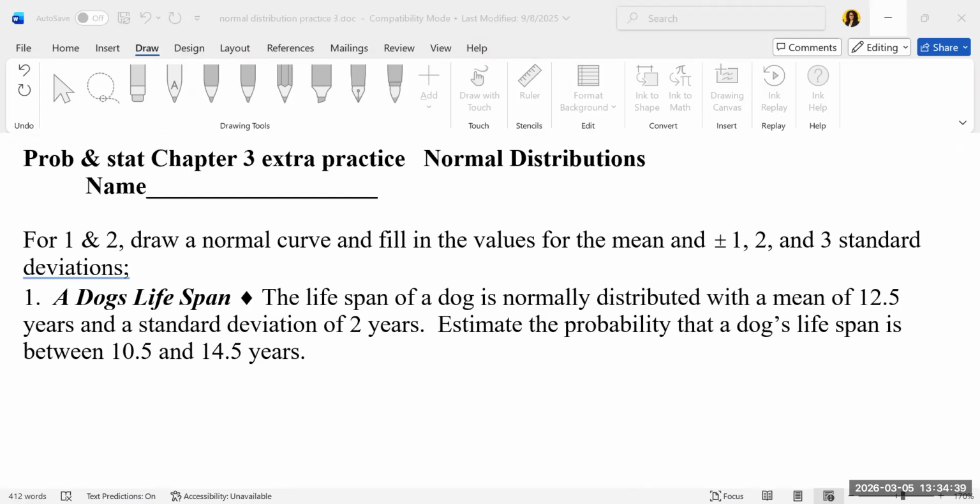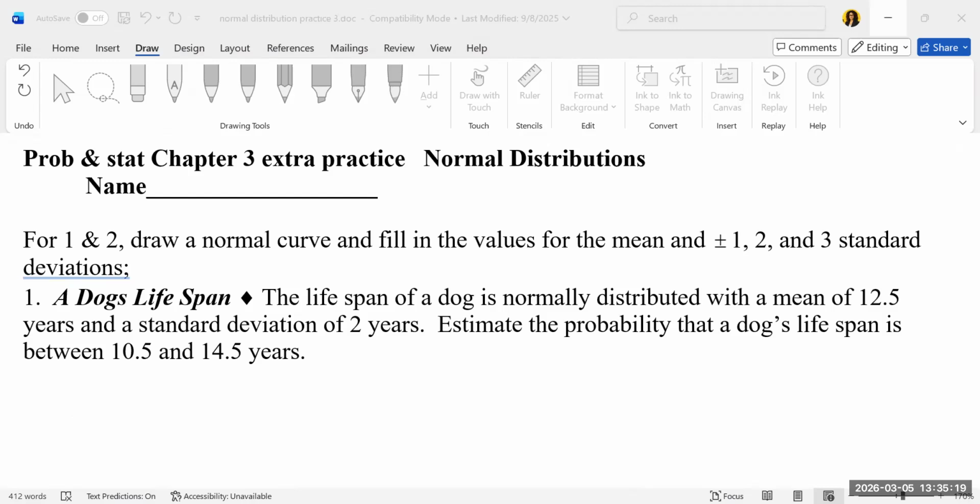So 99.7% lie within 3 standard deviations. Within means plus or minus. One thing I want to say is that if this normal curve is drawn like this, then it's called a standard normal curve.